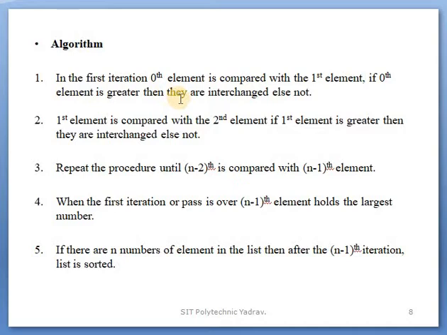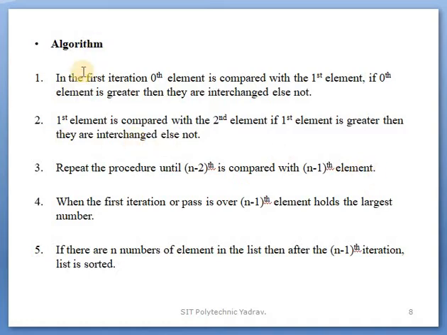If the 0th element is greater, then they are interchanged, else not. Second step, the first element is compared with the second element; if the first element is greater, they are interchanged, else not. Repeat this procedure until the n minus 2 element is compared with the n minus 1th element.